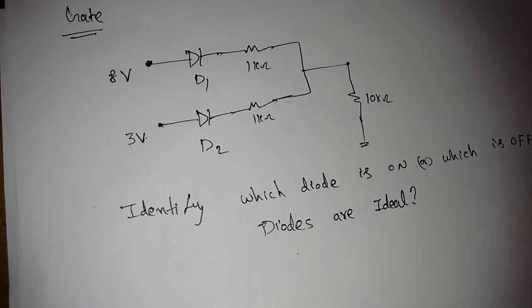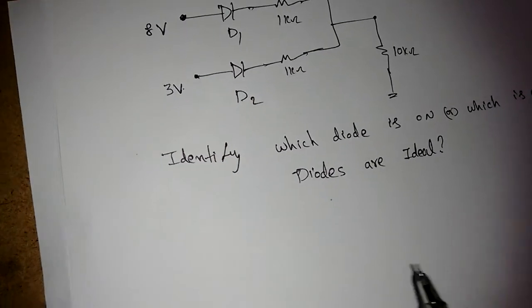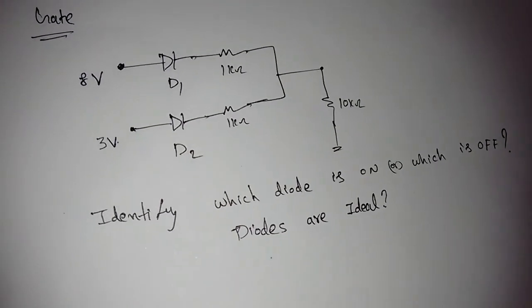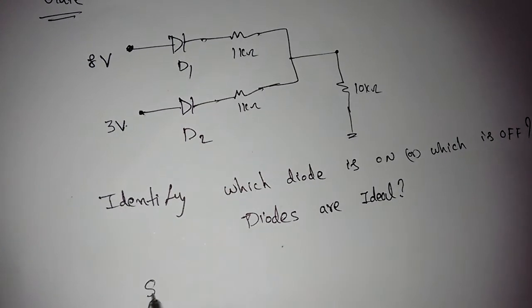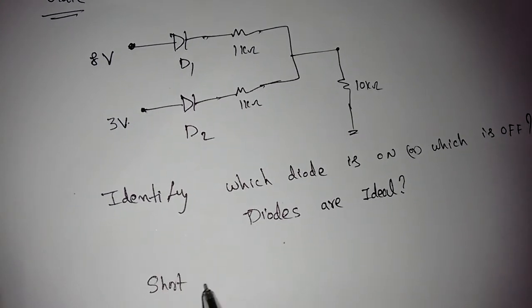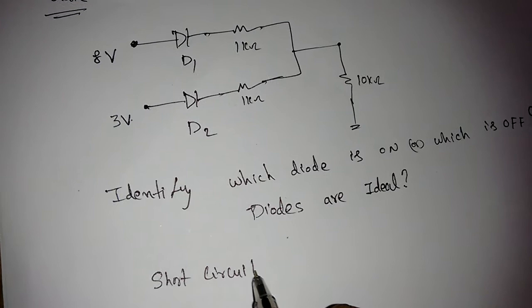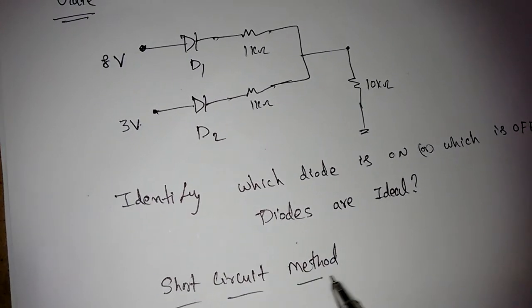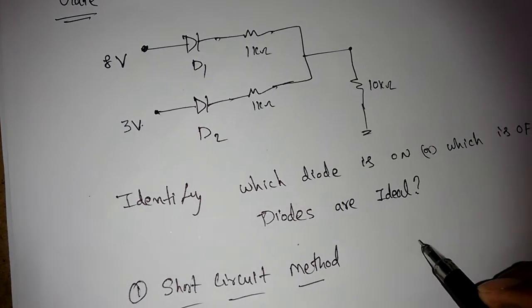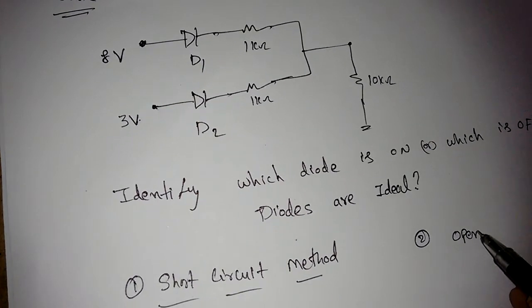Now, how to solve this type of problem: there are two methods. One method is the short circuit method. The second method is the open circuit method.